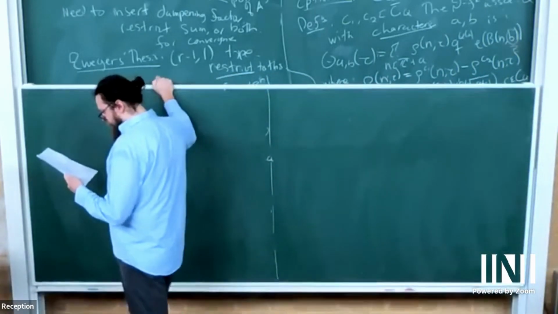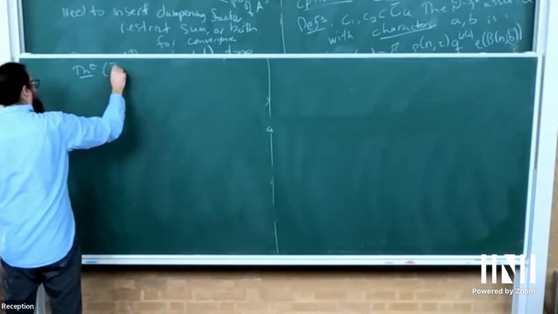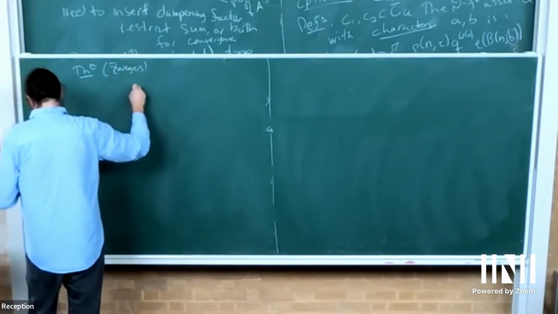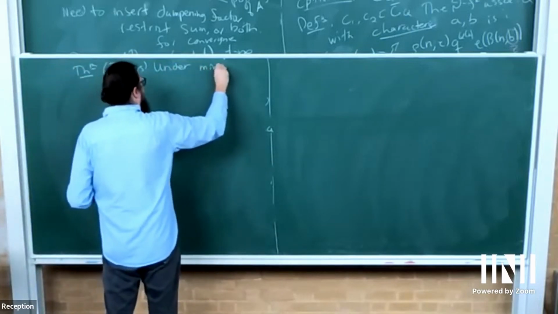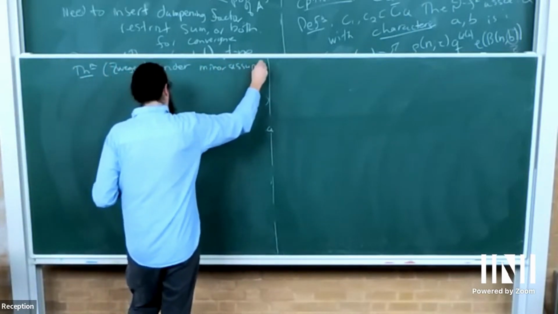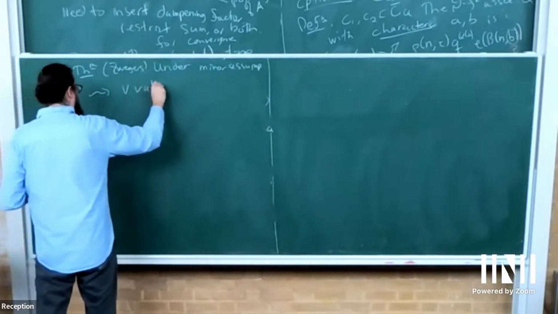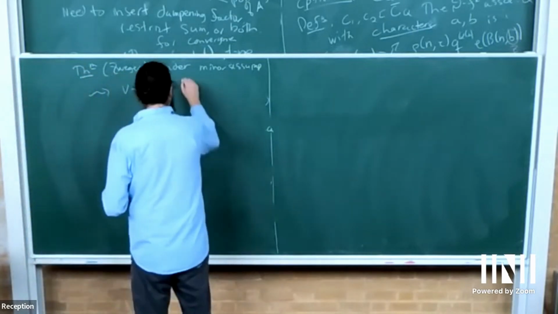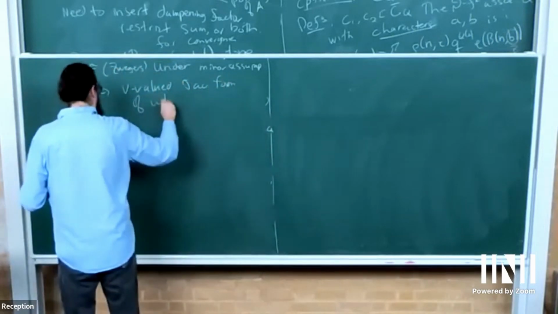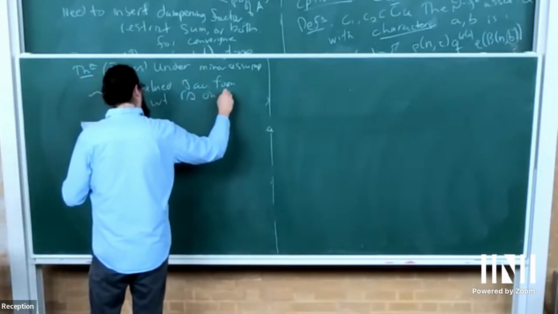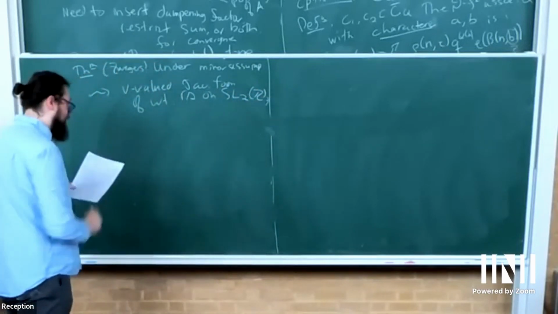Right. So let me now write the theorem of Zwegers, which we want to explain. Under some minor assumptions on C1 and C2, which are just for convergence, this gives a vector valued Jacobi form of weight r/2 on SL2.